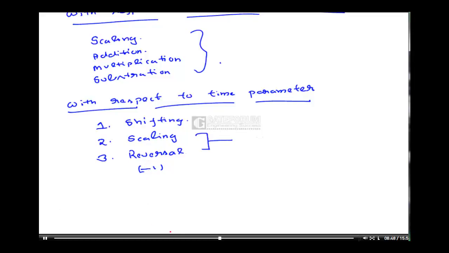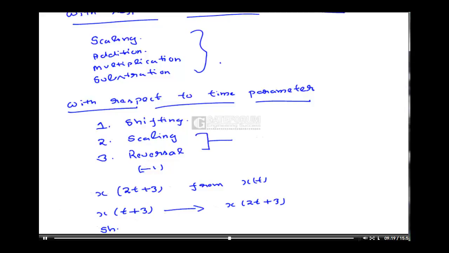Okay. Now, which type of operation is to be done first? It is also very important. See, if I want x of 2t plus 3 from x t, then I should first shift t by 3, then I should scale t by 2. So first is shifting, then scaling.